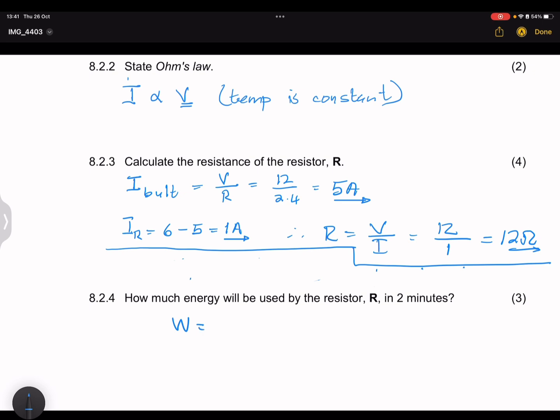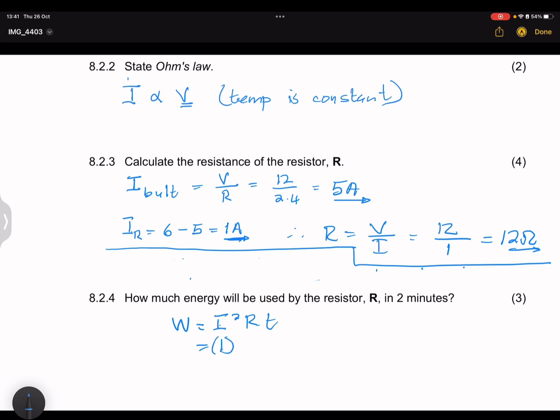We know the current that's passing through that resistor. We said it's 1 ampere, and we know the resistance. So I could use either I squared R multiplied by time, or I can use V squared over R times T, or I can say V times I times T. Either one will definitely do in that case.